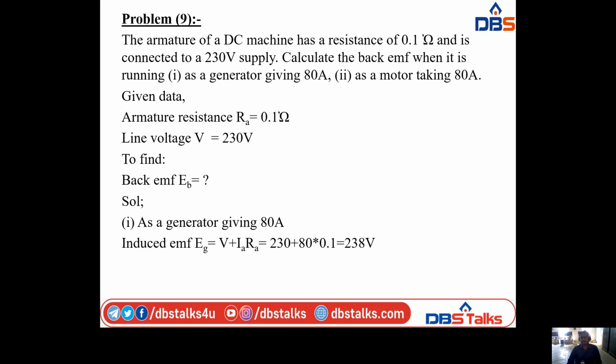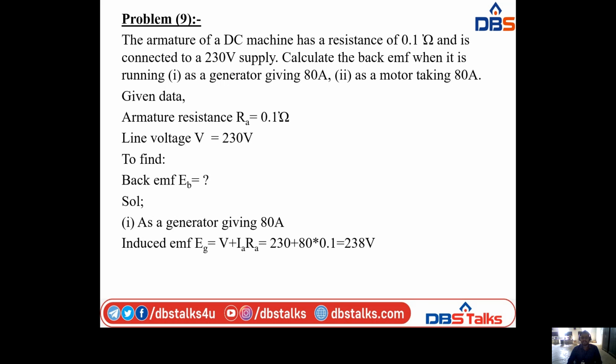So for a DC generator, induced EMF or generated EMF EG is equal to V plus IRA for a DC machine. Okay, V plus IRA. So here they given that supply voltage is 230 plus armature current 80 amperes into armature resistance, that is 0.1 ohms.